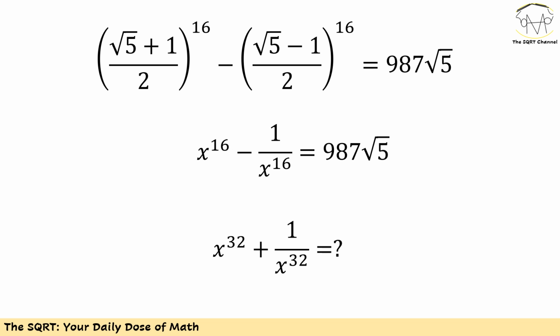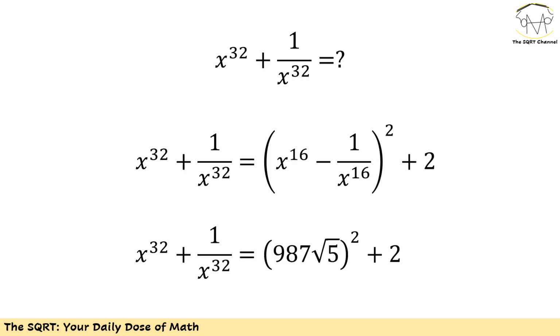The thing that I'm interested in is x to the power of 32 plus 1 over x to the power of 32. I think you can simply verify what we have here is correct. Now from here, things are going to be a little simple. We're going to use what we have for x to the power of 16 minus 1 over x to the power of 16 to find what we need to find for x to the power of 32 and its inverse.